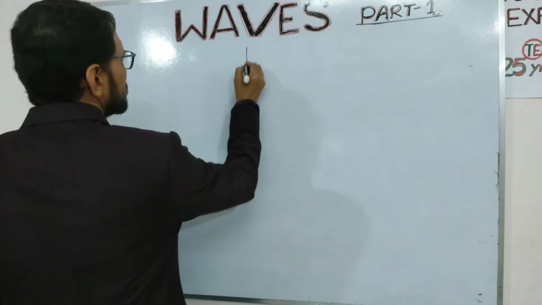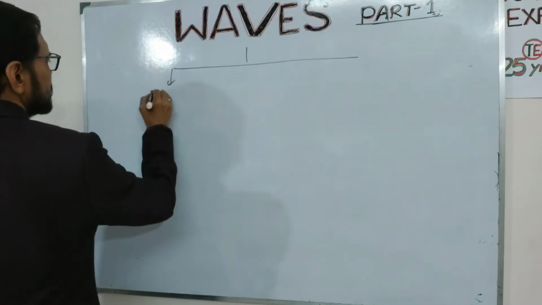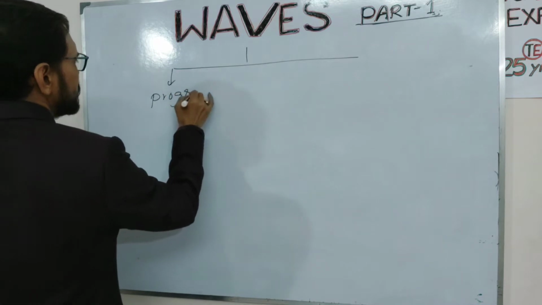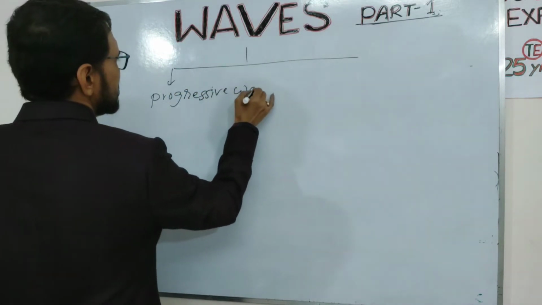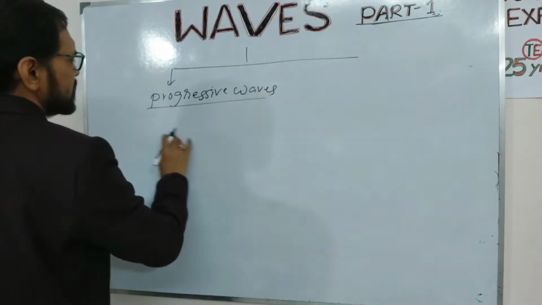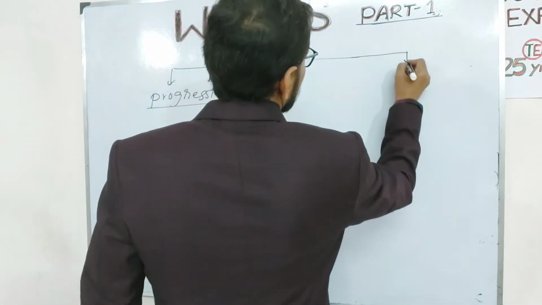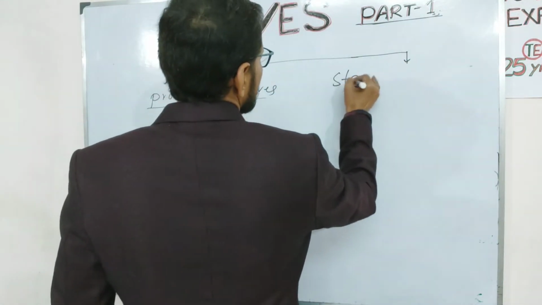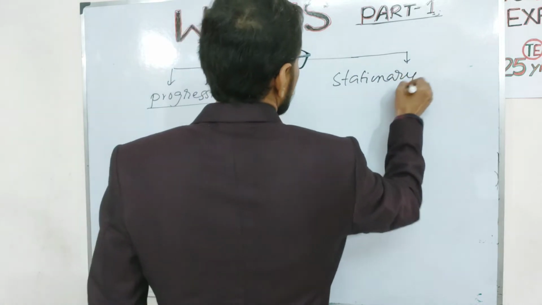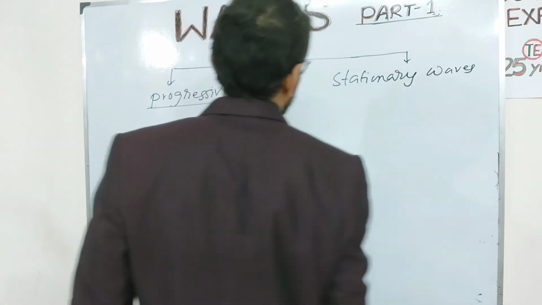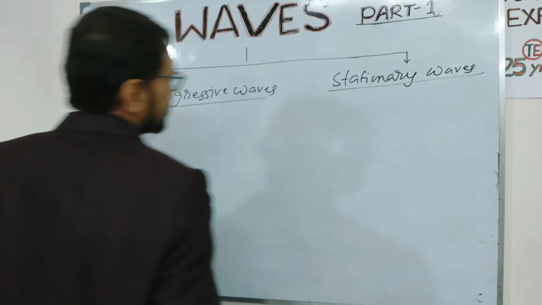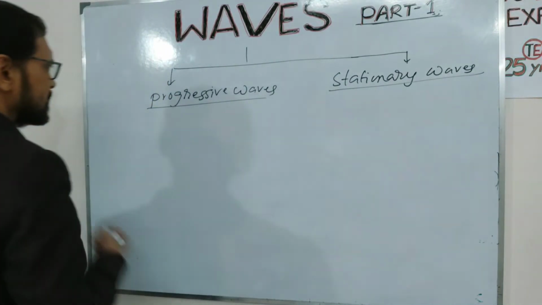So waves are generally divided as progressive waves, that is, waves that move with time, and stationary waves, that is, waves confined in a region.